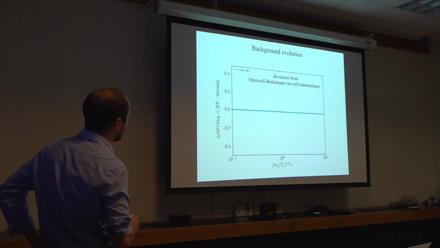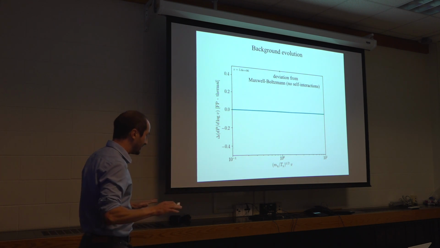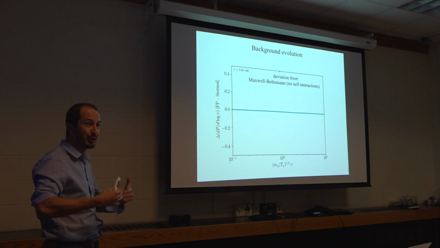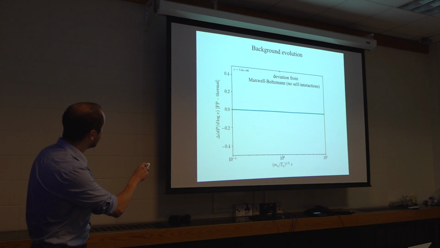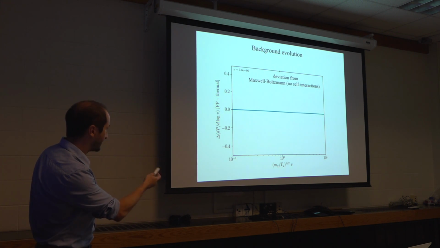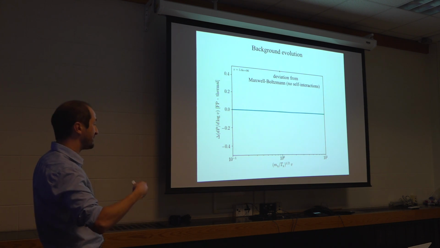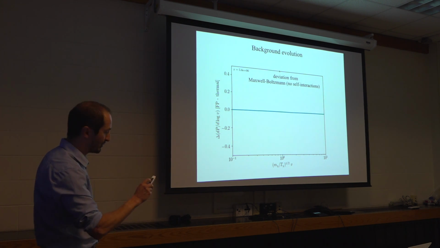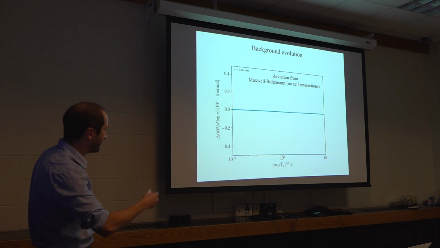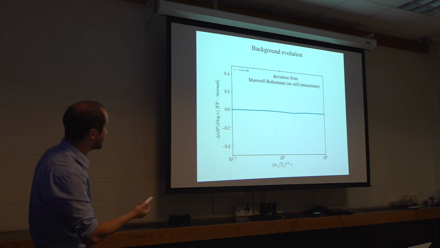And just to illustrate pictorially what happens, I've only calculated so far numerically what happens in the background evolution, so for the unperturbed universe. If you solve this Boltzmann-Fokker-Planck equation, for some specific form of the cross-section, going as v to the 4th, because this is where the effect is stronger, this is as a function of v dark matter over v thermal, and this is the deviation from the Maxwell-Boltzmann distribution as time goes on.